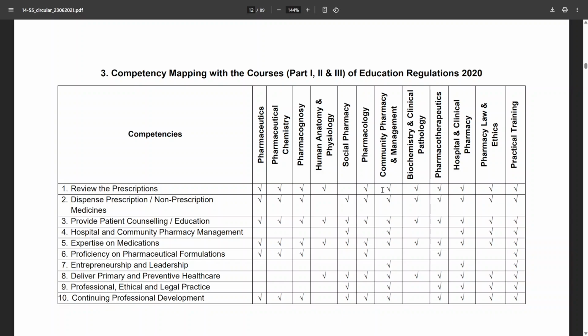So let's take a look at the subjects: pharmaceutics, pharmaceutical chemistry, pharmacognosy, human anatomy and physiology, social pharmacy, pharmacology, community pharmacy and management, biochemistry and clinical pathology, pharmacotherapeutics, hospital and clinical pharmacy, pharmacy law and ethics, and practical training.